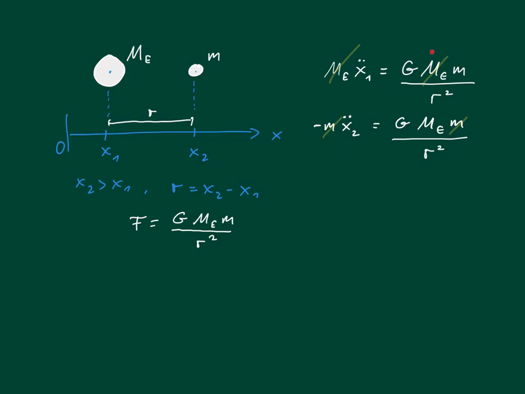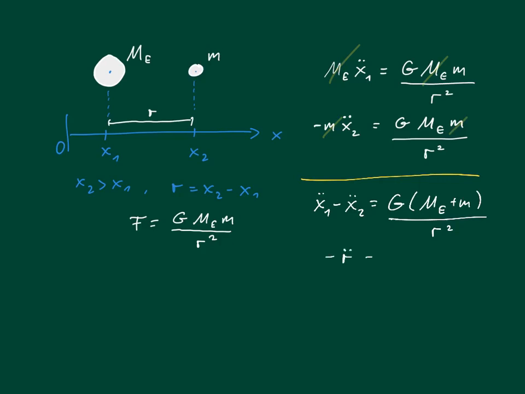So I add this equation to this one, and we end up with G, and now we have here the sum of both masses divided by r squared, which is on the left hand side nothing else but minus the second time derivative of the distance between these two objects, so this here.